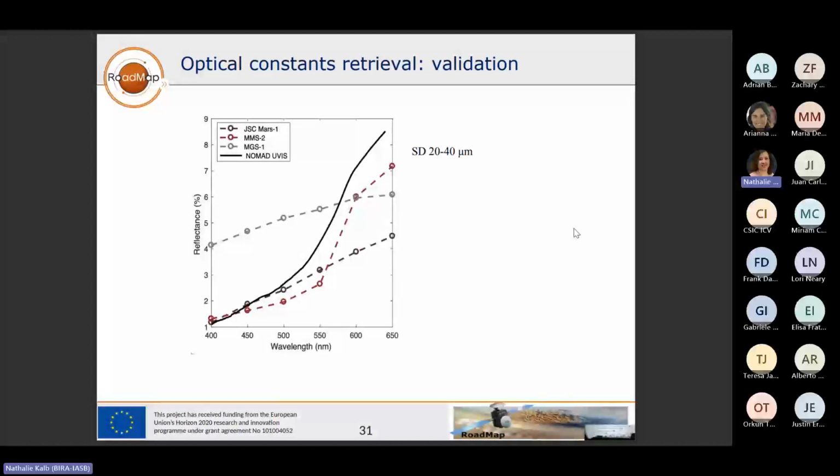We only tried the 20 to 40 micrometer size distribution that we had, just to see how the spectral features look compared to the observations. And as you can see, the MMS2 is the closest to the observation. So we took this sample to do tests with, because the other two samples are way too flat spectrally compared to the observations.